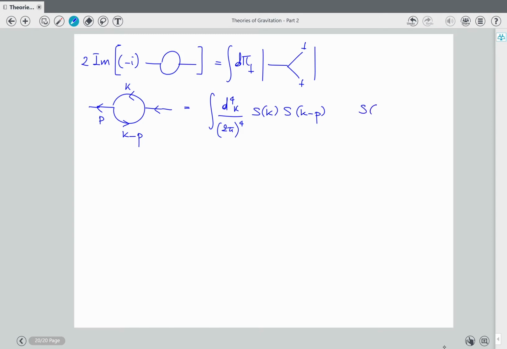So I define this S of k. So this is a normal theory, no higher derivatives for the moment. This is an exercise that should be found everywhere in textbooks, but it's not found with the detail that we need.